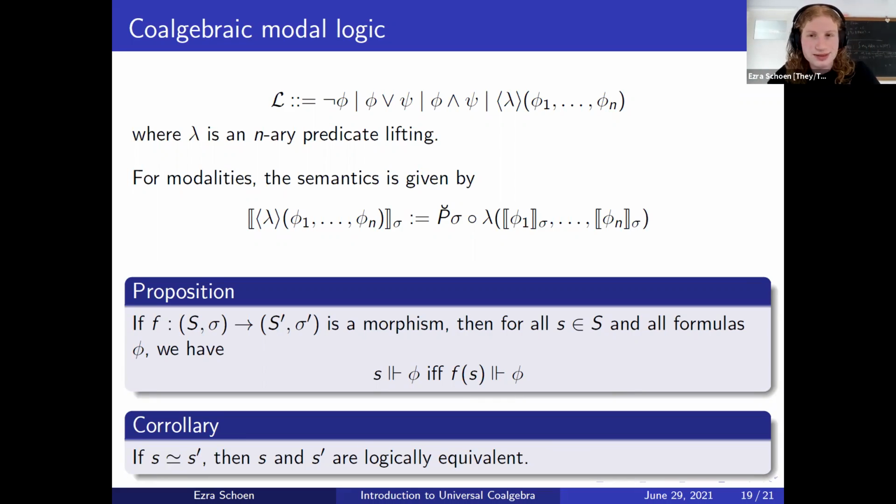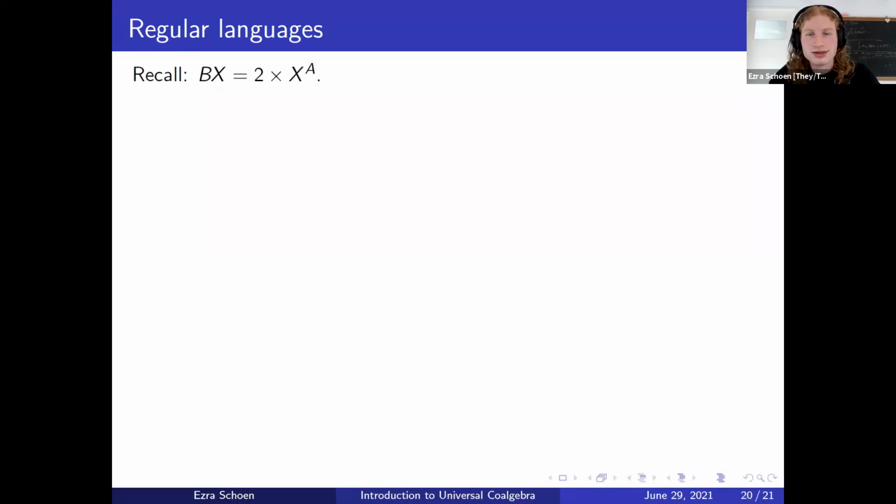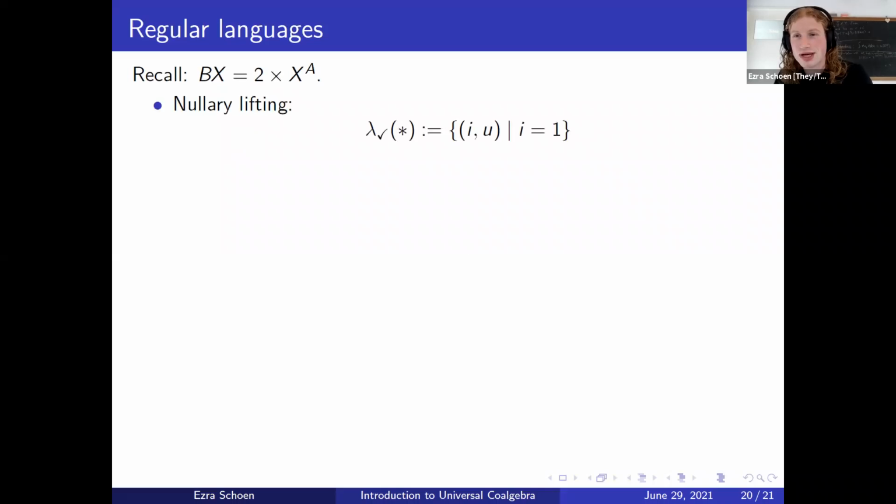Okay. I'm just going to take 2 more minutes, I think, to give a specific example where the logic is expressive, so where you do capture exactly behavioral equivalence. And that's in the case of regular languages. So we had this functor for deterministic automata, and this gives us another lifting of acceptance.